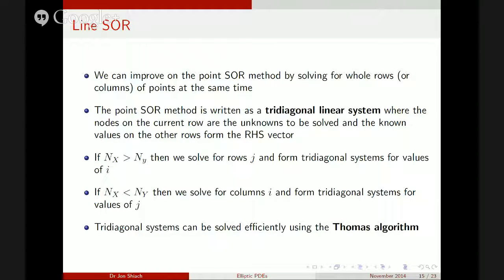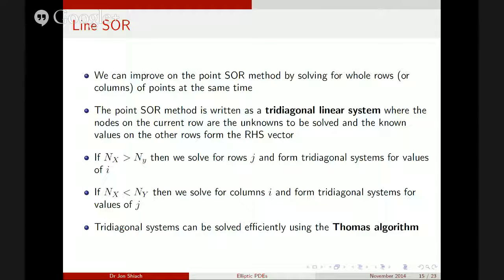A tridiagonal array is a square matrix with non-zero elements on the main diagonal, the lower diagonal, which is just underneath the main diagonal, and the upper diagonal. The good thing about tridiagonal linear systems is they're very easy and efficient to solve. There's a method we can use called the Thomas algorithm, which is very efficient for solving tridiagonal linear systems.